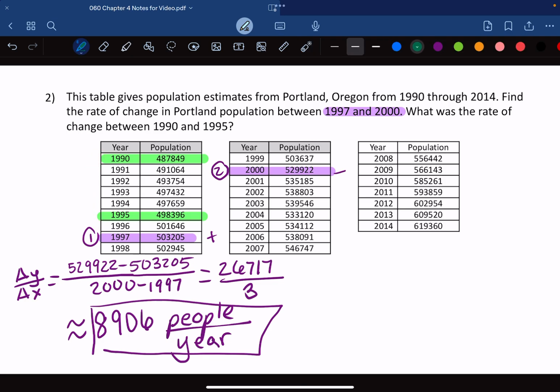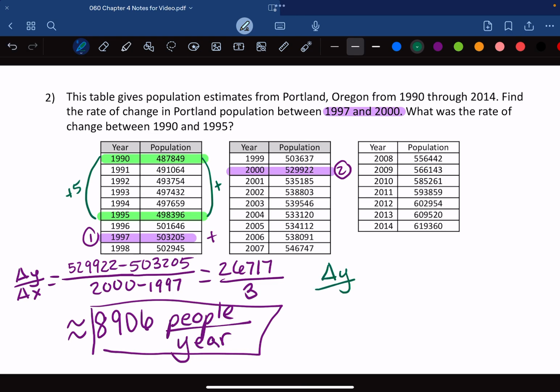So I could actually look at my table, or I could create my little change of X, change of Y on the sides over here next to the table.